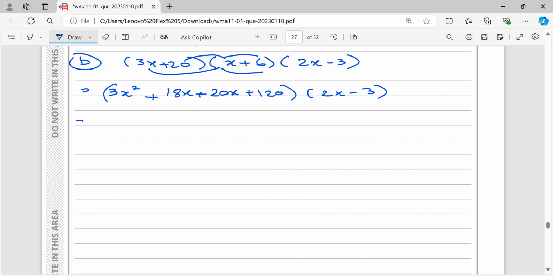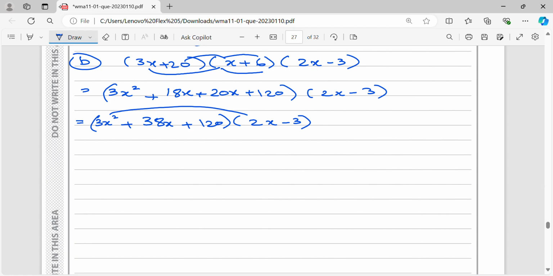Next, collect like terms. 18x plus 20x is 38x. Now multiply with the third expression, 2x minus 3.